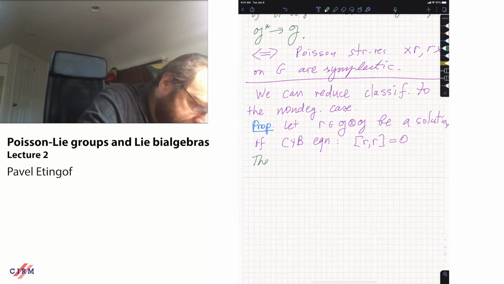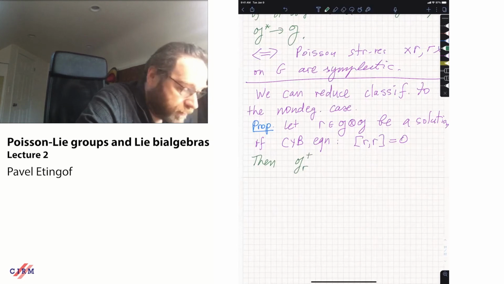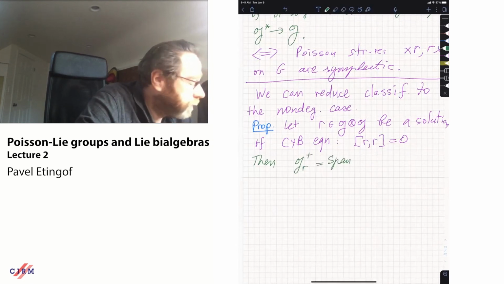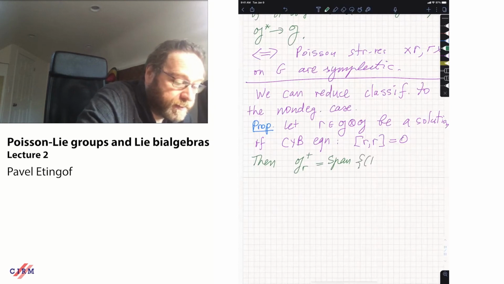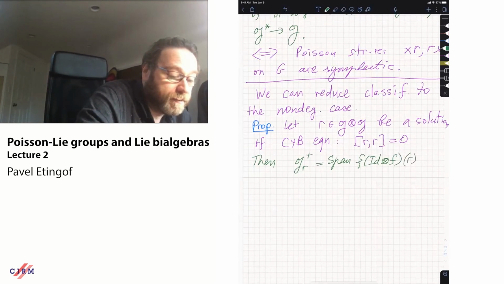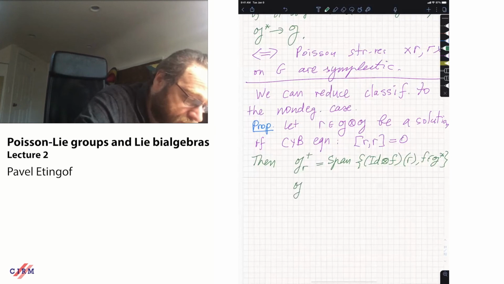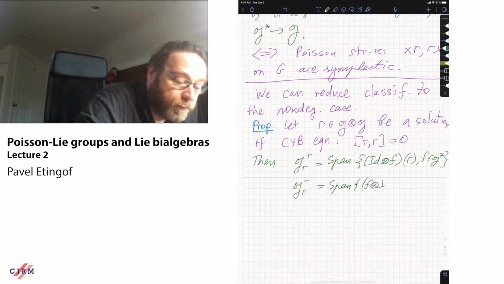Then we can define two spaces, GR plus, which is the span of identity tensor F of R, where F is in G star, and GR minus, which is the span of F tensor identity of R, where F is in G star.